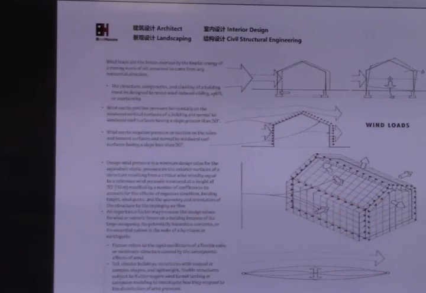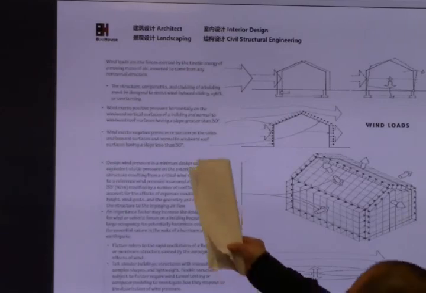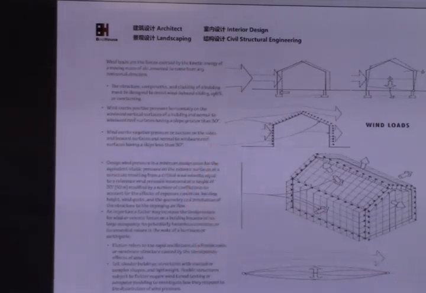If the angle is bigger than 30 degrees, it is a pressure, but if it is less than 30 degrees, it is a suction. Another roof is suction, depending on the angle, same thing. But the back face is a suction. So pressure, suction. That's the wind load. Basically the angle is 30 degrees.